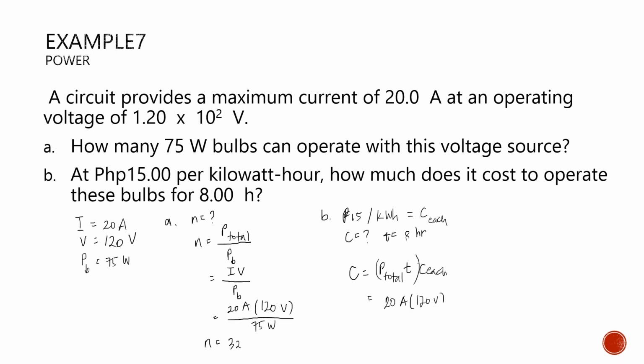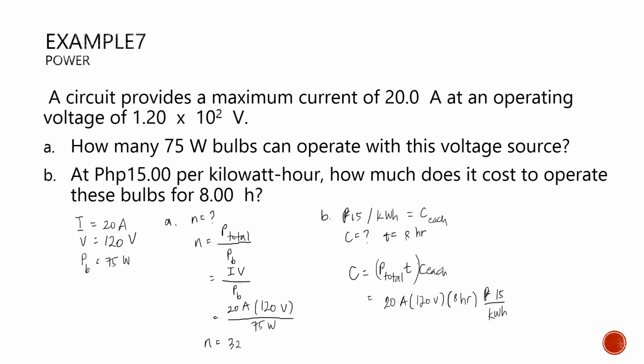So that's 2,400 watts, okay, times 8 hours. And then the cost is 15 pesos, okay, per kilowatt hour.